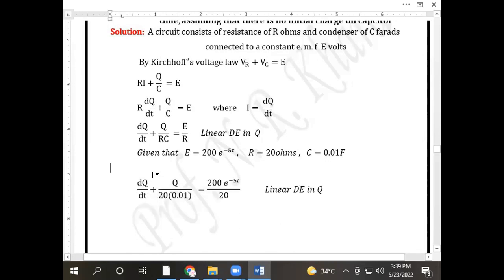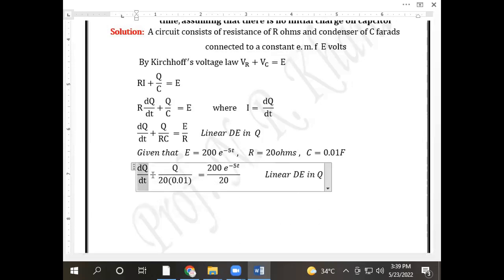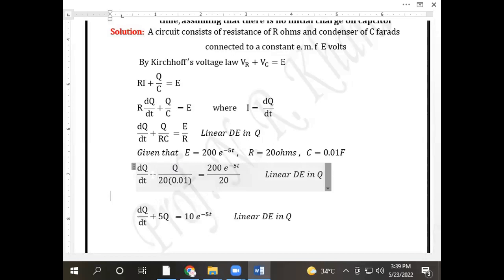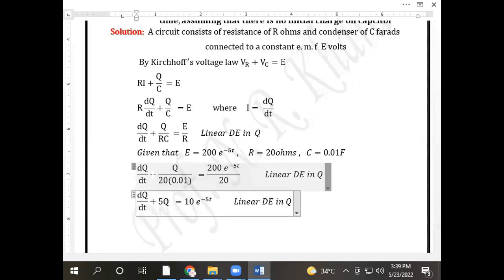So putting the values, dq upon dt plus Q upon 20 times 0.01 is equal to 200 e raised to minus 5t upon 20. After simplifying, 1 upon 20 times 0.01 becomes 5, and the right hand side, 200 upon 20, becomes 10. So the differential equation has P equal to 5 and Q equal to 10 times e raised to minus 5t.